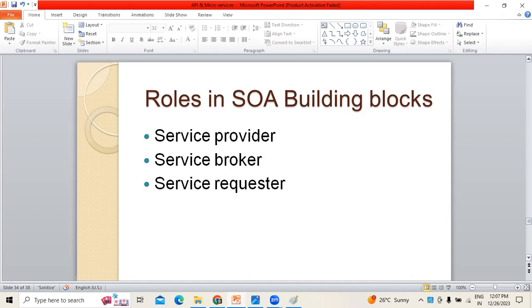Now, the third one, service requester. This role locates entries in the broker registry and then binds them to the service provider.